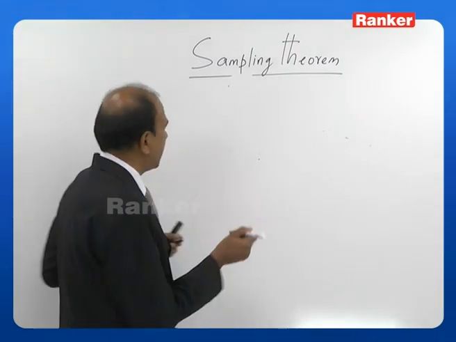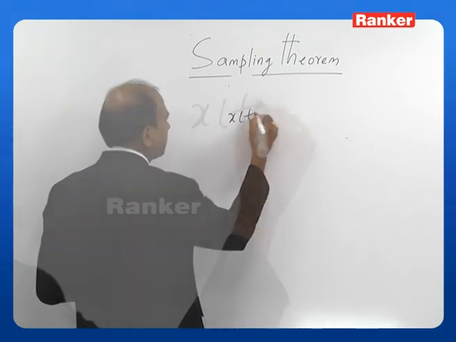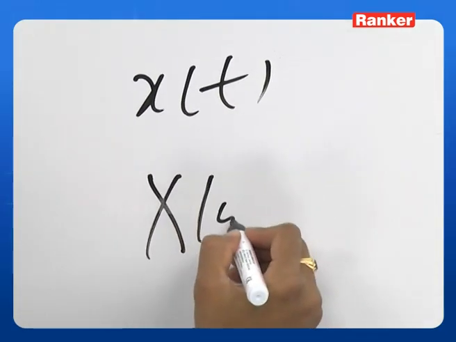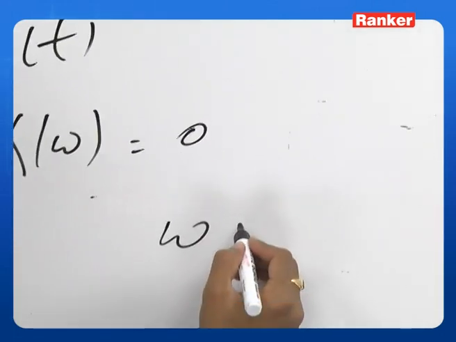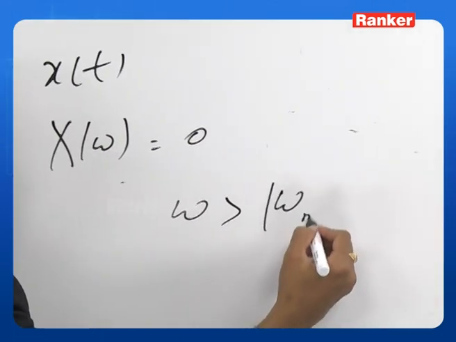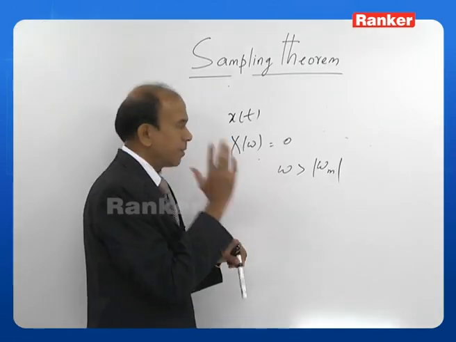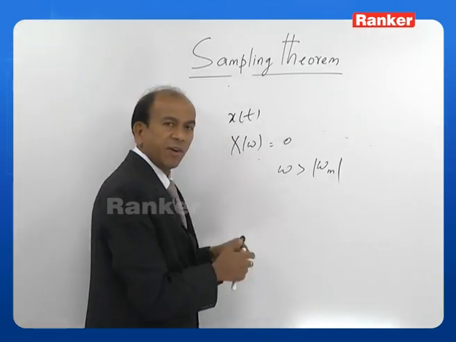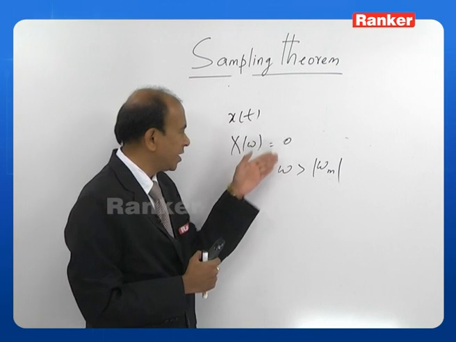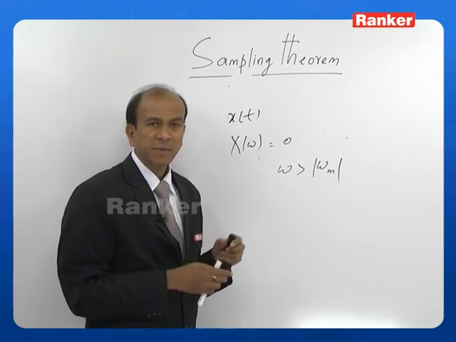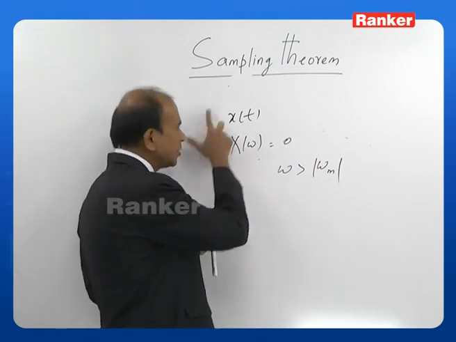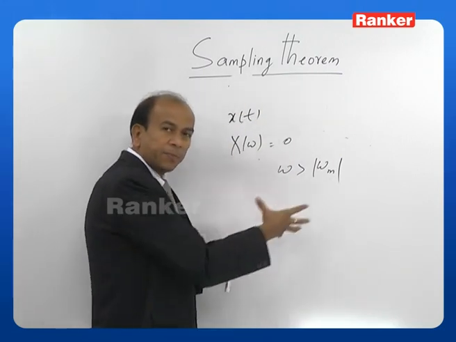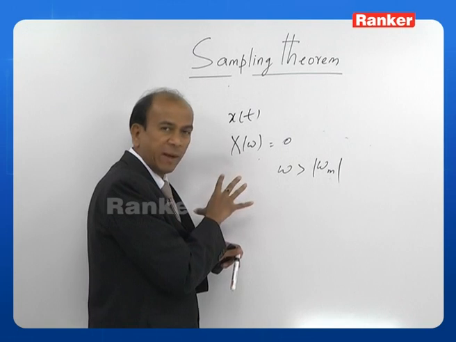That means you have an x of t, and x of omega will be 0 for omega greater than omega m. That means beyond certain frequencies, x of omega does not exist. So we are talking about low frequencies, and this is applicable to low pass signals.